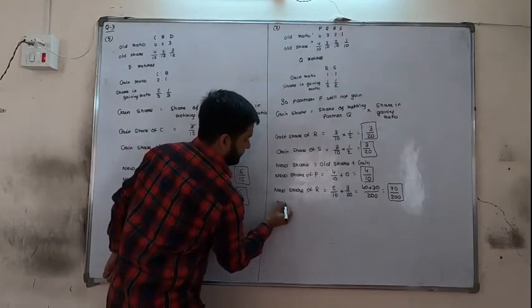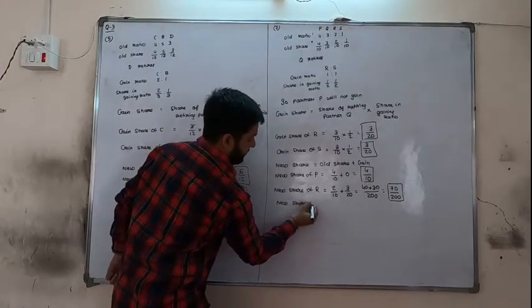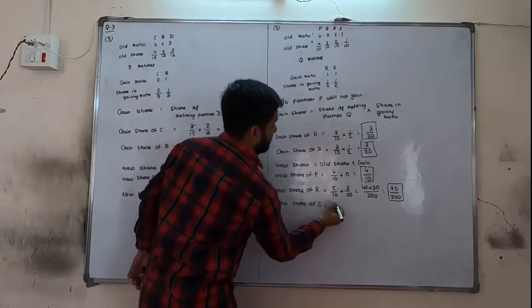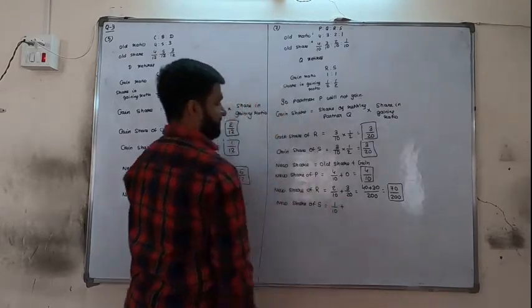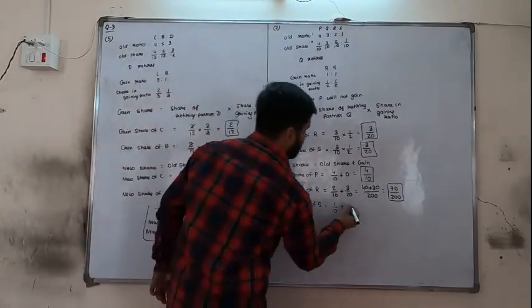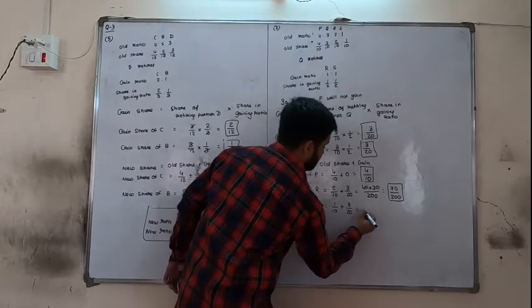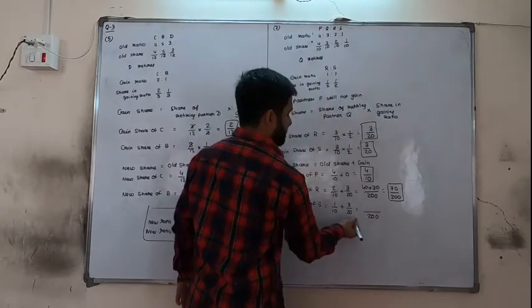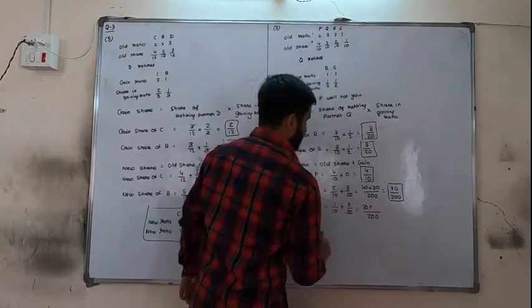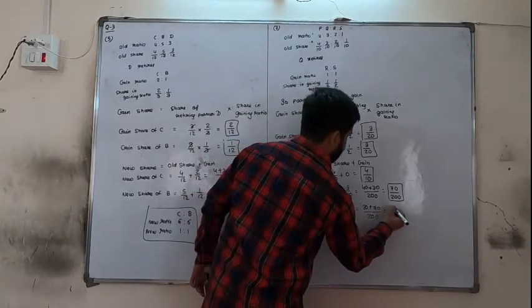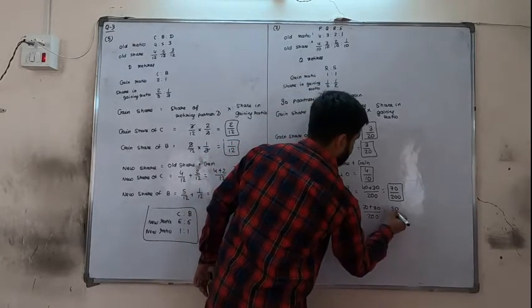Then new share of S: old share 1/10, gain is 3/20, so again 200, 20 ones are 20, 3 tens are 30, so 50/200.